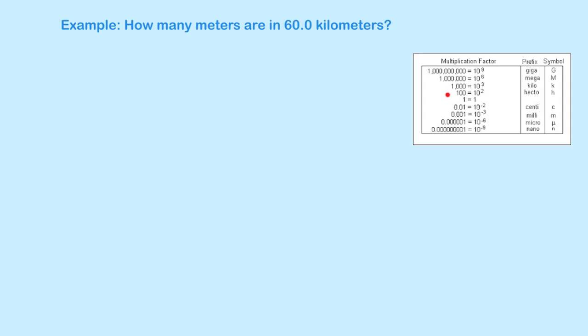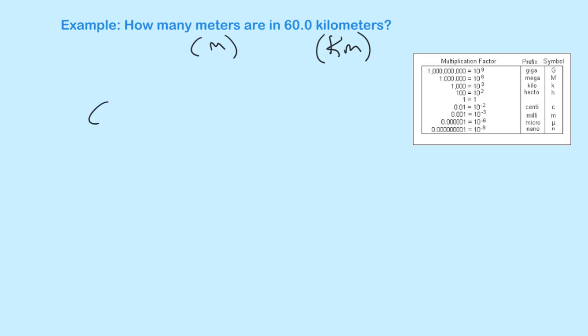So a kilometer is basically 1,000 times bigger than a meter. That also translates to 10 to the third in scientific notation. When I look at kilometers, we can write it as km. The meters is usually written as m. And I use my table to figure out how to set this up properly.